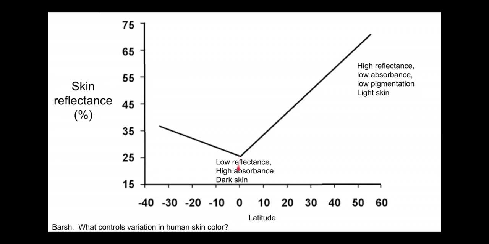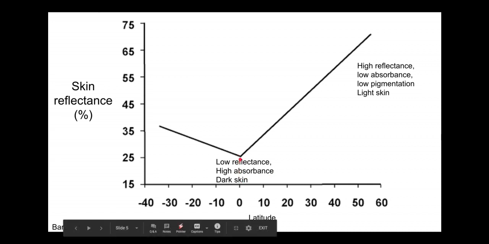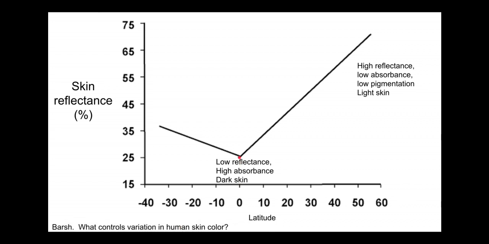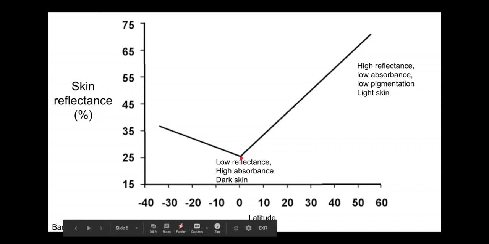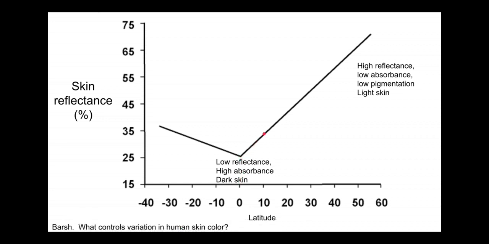So this indicates that among the populations studied here, on average, the lowest reflectance, therefore the darkest skin, occurred at the equator. This is not actually showing the raw data, but this is the general pattern.